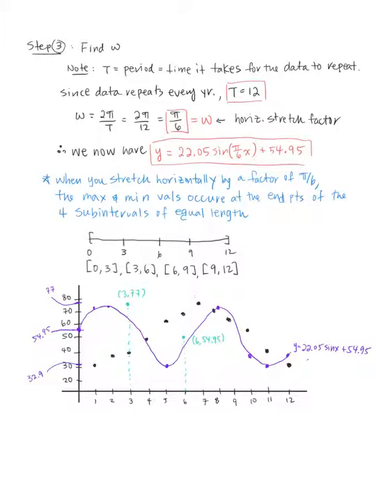And the next one is going to occur at 9, and the minimum point is what, 32.9? Oh gosh, 32.9 is right here maybe. Alright, so this is 9 comma 32.9. And then at 12, it's going to go back up to 54.95.